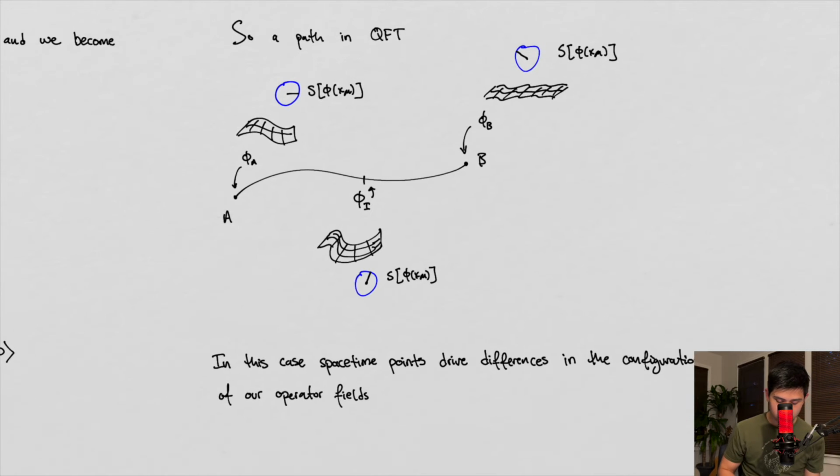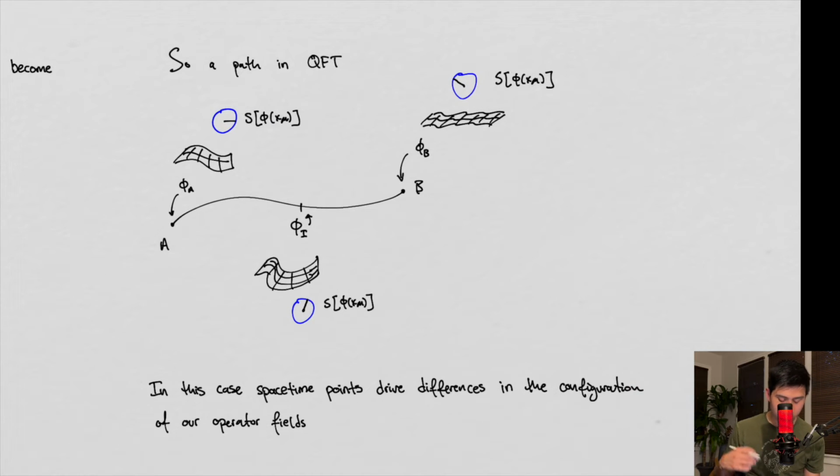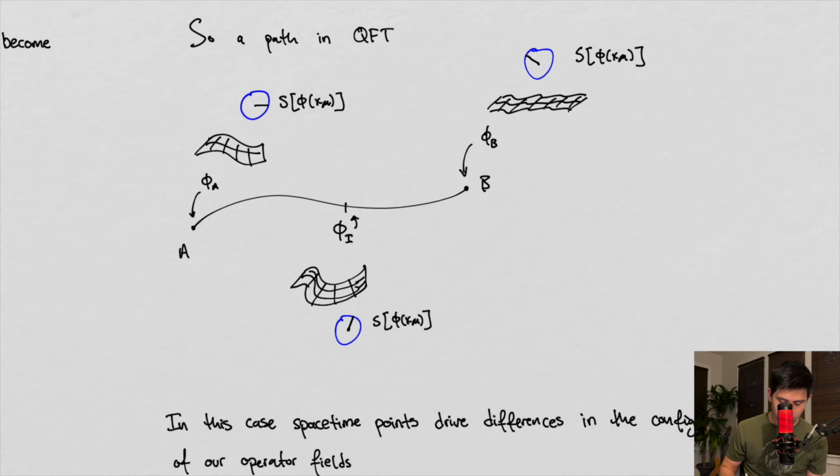But anyways, if we continue with this logic that we used last time of a path, we can now think of different configurations along this path, right? So we apply an action at each point, but we can also apply a configuration at each point, since the space-time point drives the configuration, which drives the action.